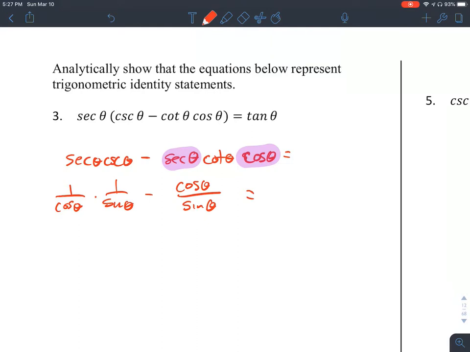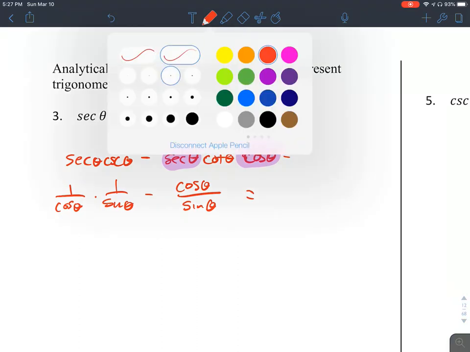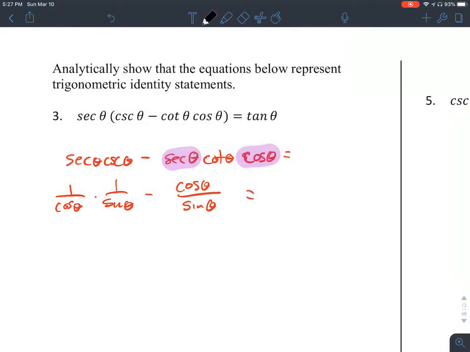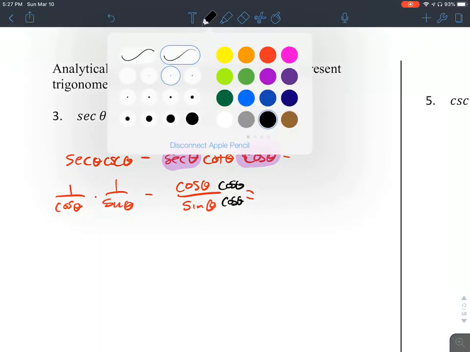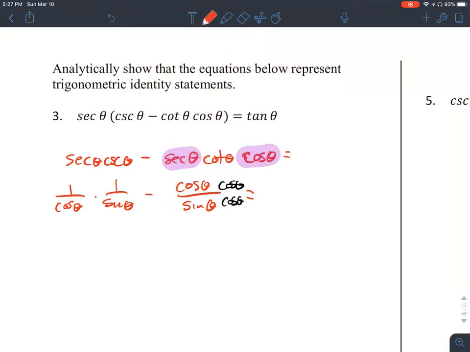I want to get common denominators, so I'm going to multiply the fraction on the right by 1 in the form of cosine over cosine. That's going to give me 1 minus cosine squared of theta over sine of theta cosine of theta.